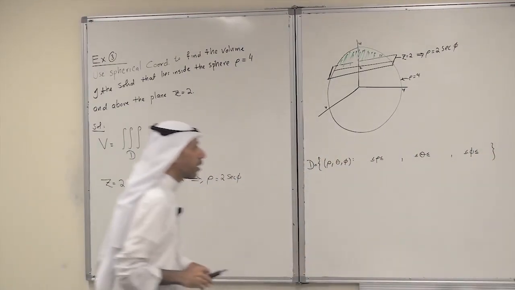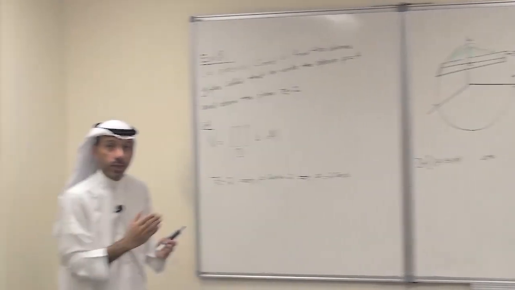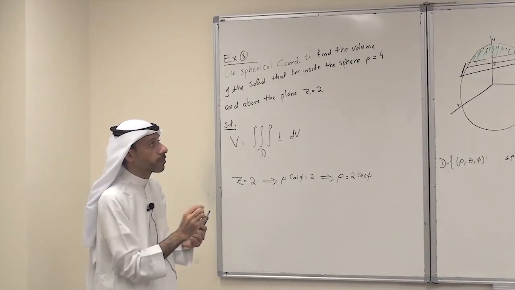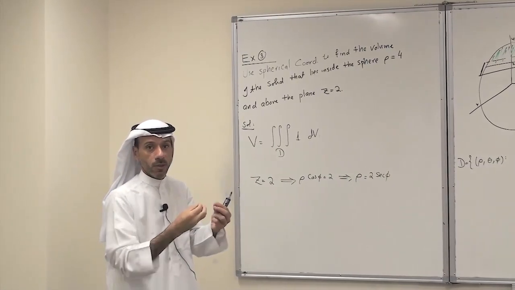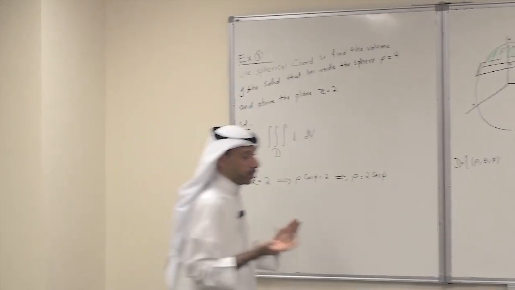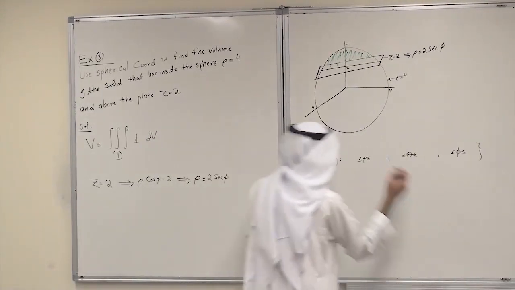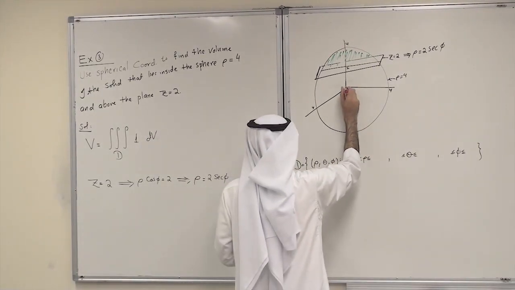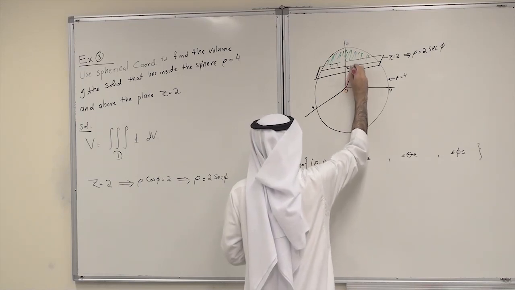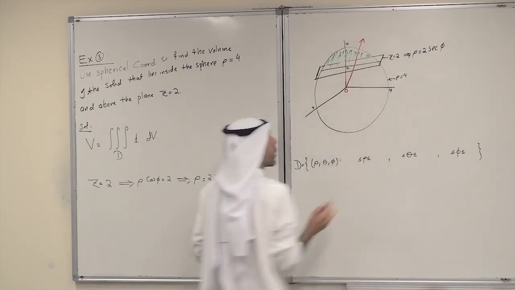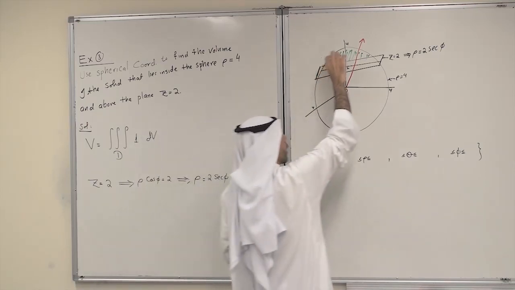For rho, again we take a ray from the origin and we enter the solid. Where we enter is the lower limit and where we leave is the upper limit, the usual thing. So this is the origin here, and you take a ray from the origin. The solid is the green part.